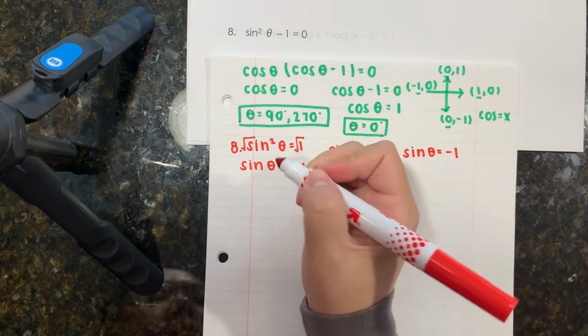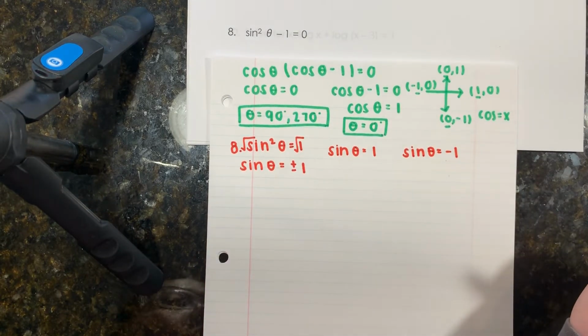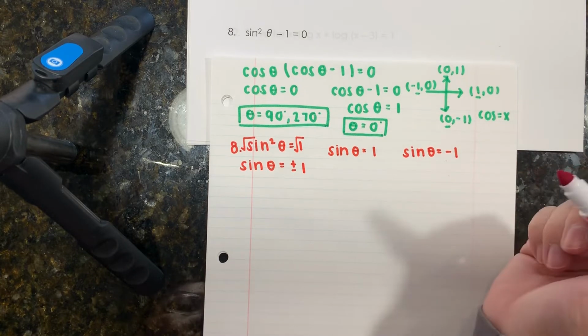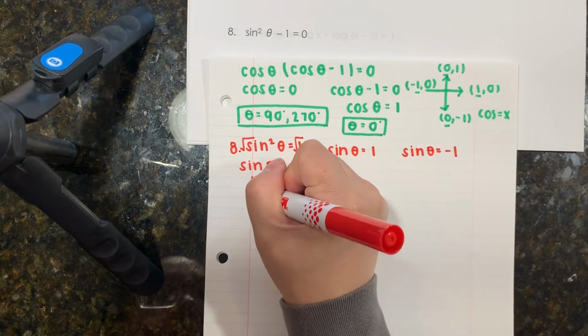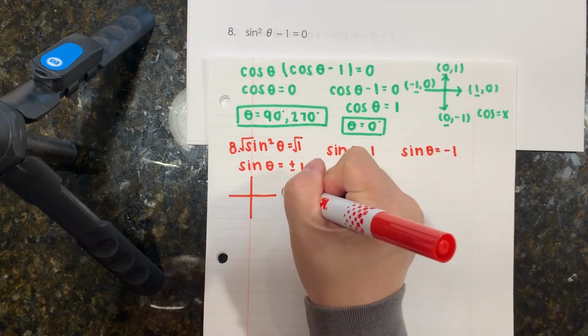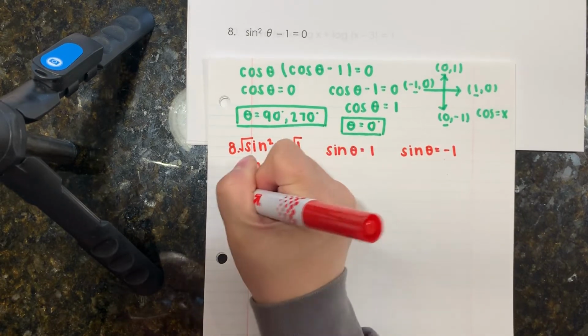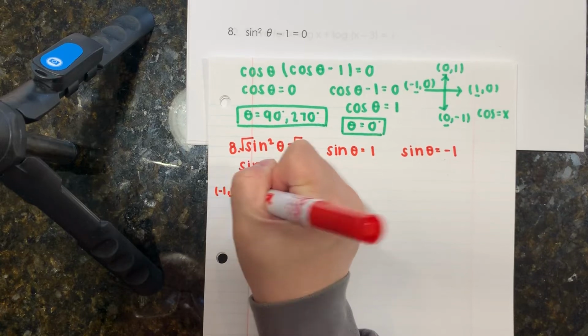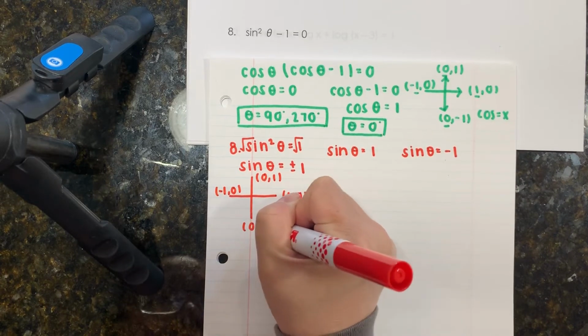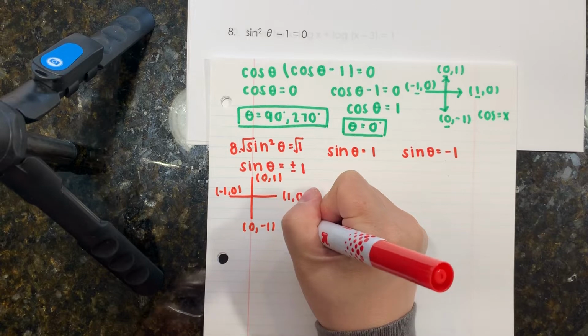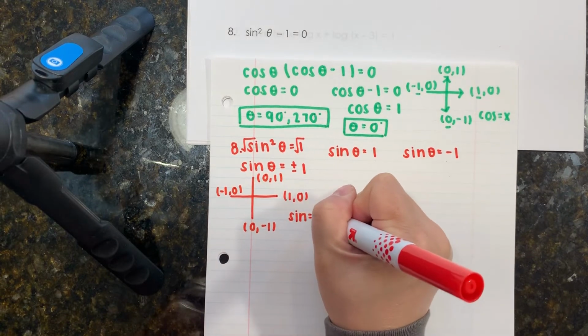Again, I don't have a reference triangle that's going to have an opposite of 1 and a hypotenuse of 1, so I know that I have to use my unit circle. And now I need to remember what sine is equal to on the unit circle. And sine is equal to the y coordinate.